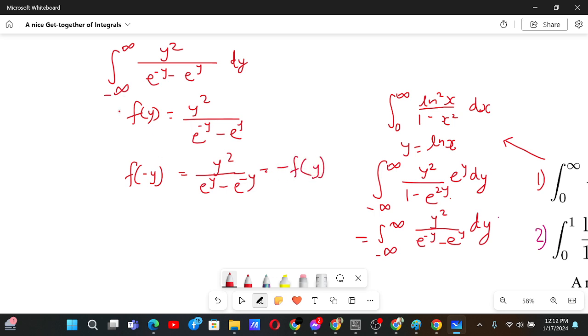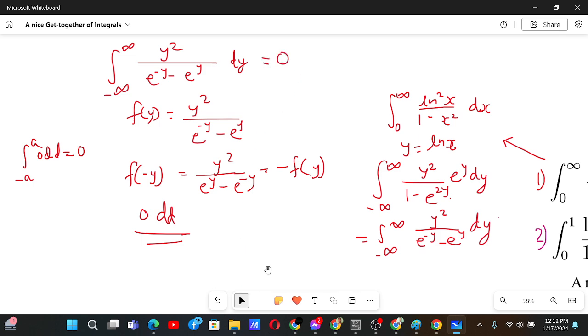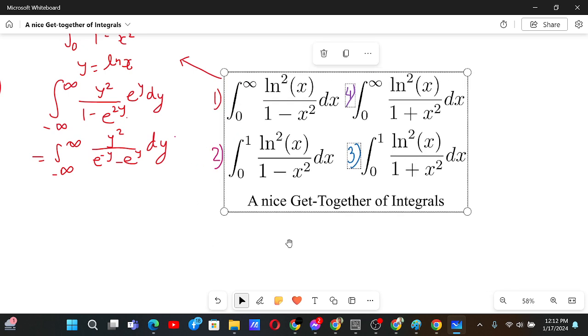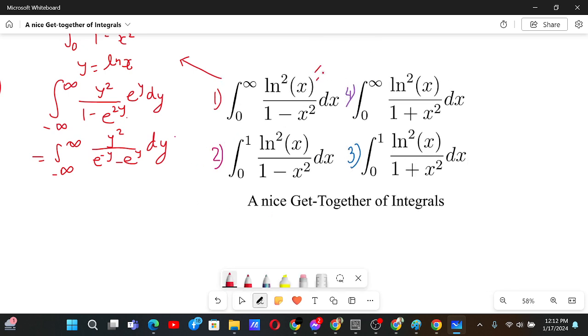So that's why this function is an odd function. And the integral in a symmetric domain from minus a to a for an odd function is always 0. So that's why this integral is actually equal to 0. So we solved the first integral, and this is 0. Now let's go to the next integral.